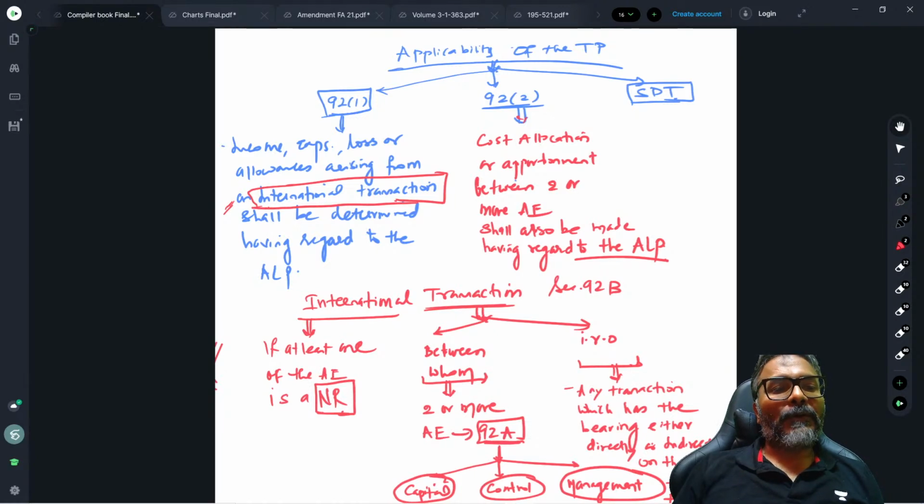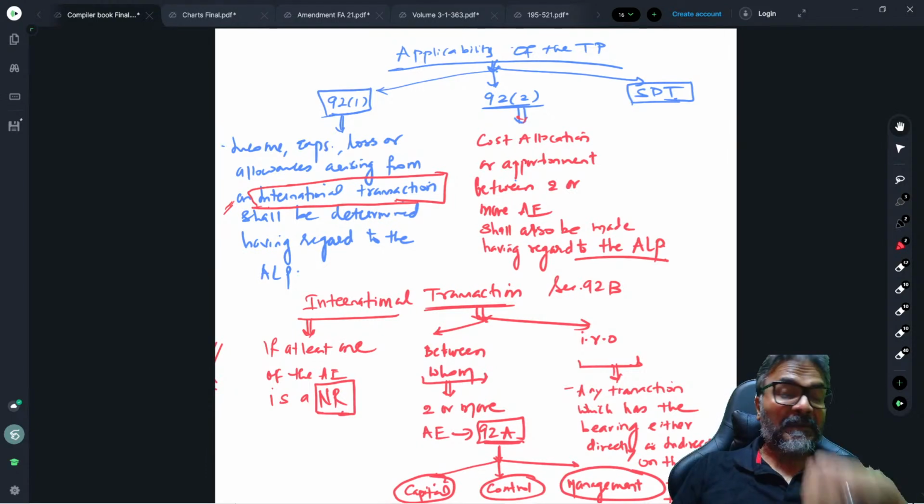Apart from that, Section 92(2) talks about cost allocation or apportionment between two or more associated enterprises, which shall also be made having regard to the arm's length price.